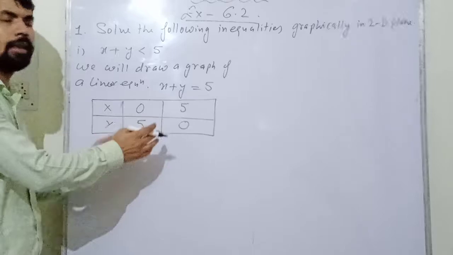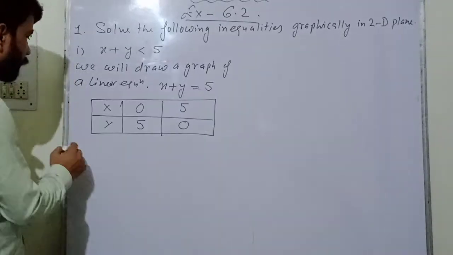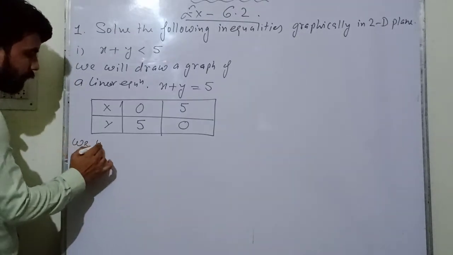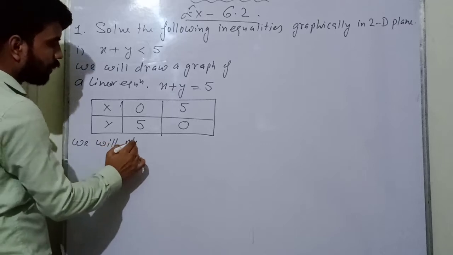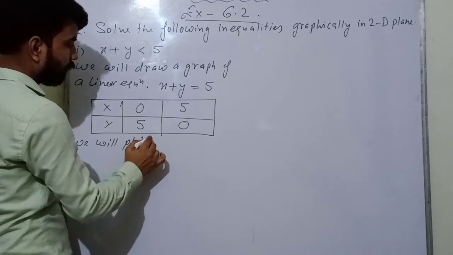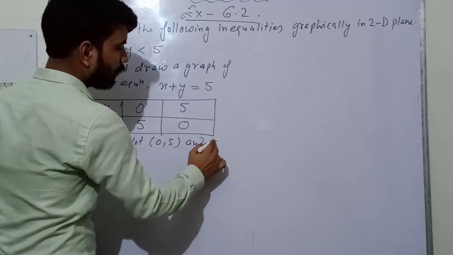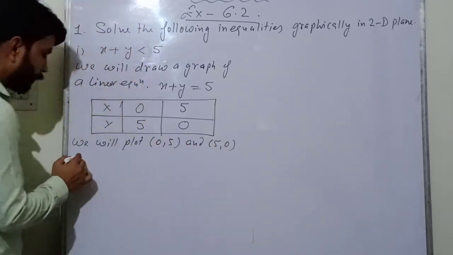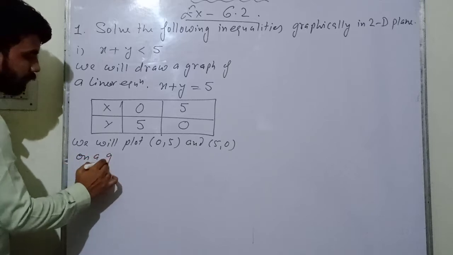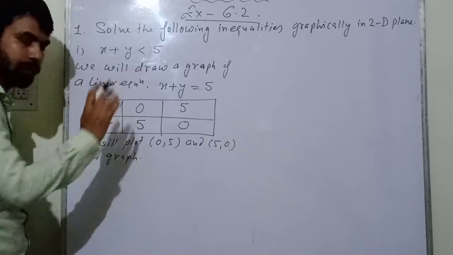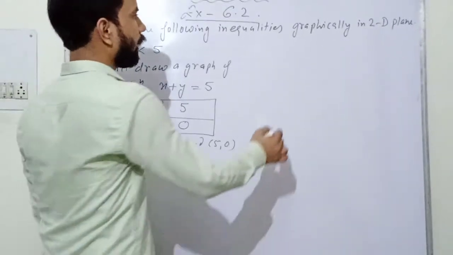So we will plot these points on graph. Now we will plot which points? 0, 5 and 5, 0 on a graph. Clear? Now we will plot a graph here.